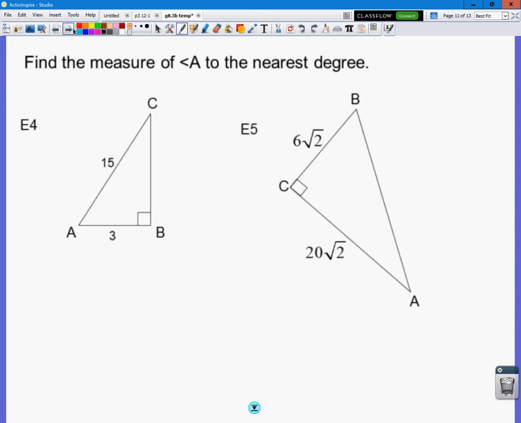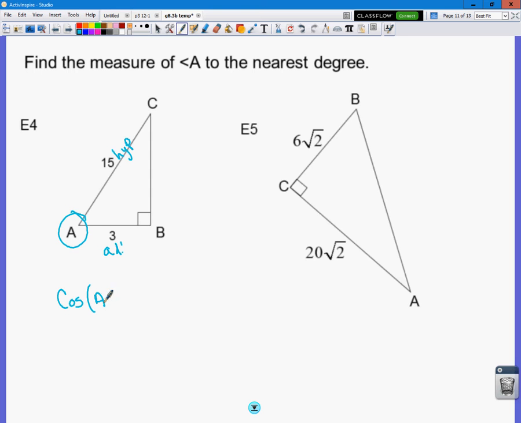Where am I going to start in example 4? I'm going to start at A. And I'm going to label my parts. What's the 3? Adjacent. What's the 15? What function uses adjacent and hypotenuse? Cosine. What am I taking the cosine of?